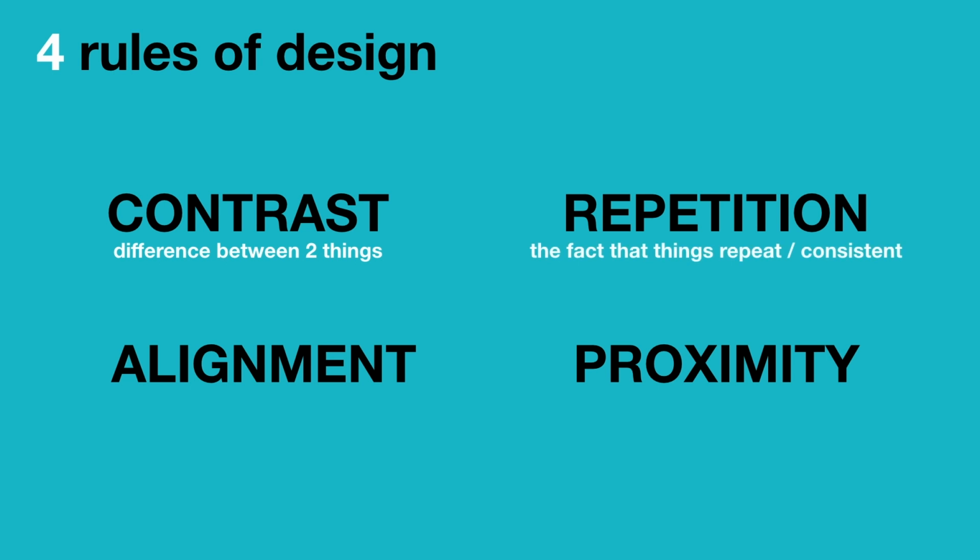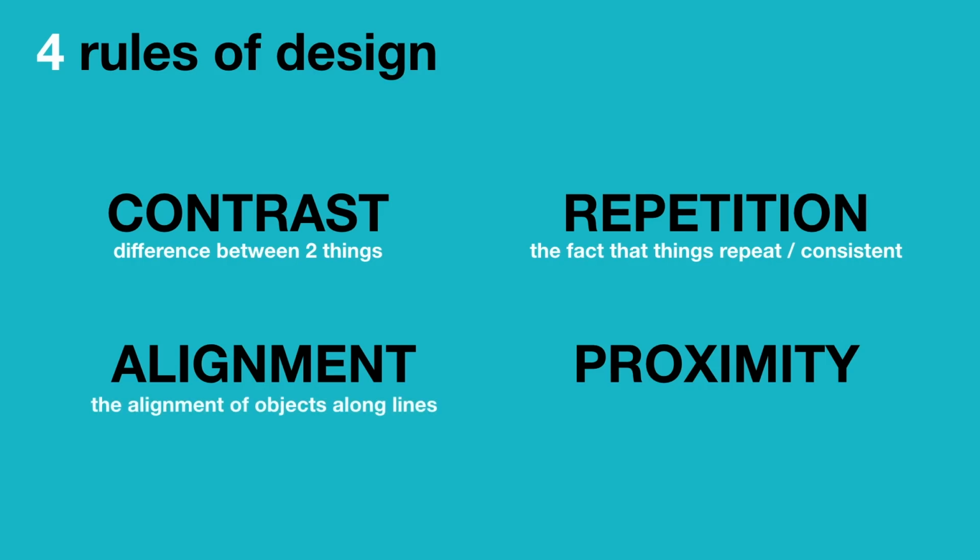Repetition is the fact that things repeat or are consistent or do not repeat, and you start noticing it. The more they repeat, the more the design seems flowing. The less they repeat, the more difficult it is for you to understand the consistency of the whole piece. Alignment, that's maybe the one we understand the most intuitively.